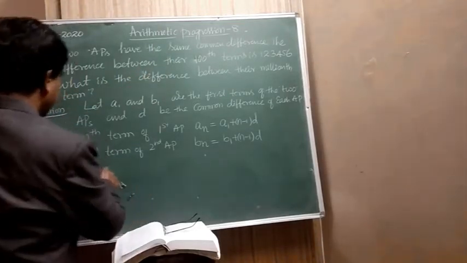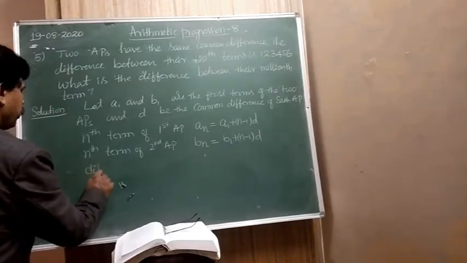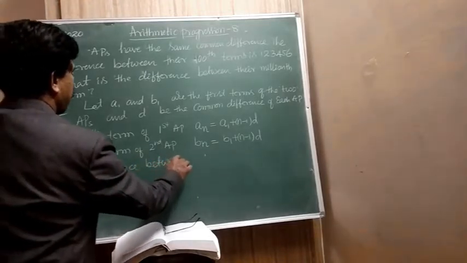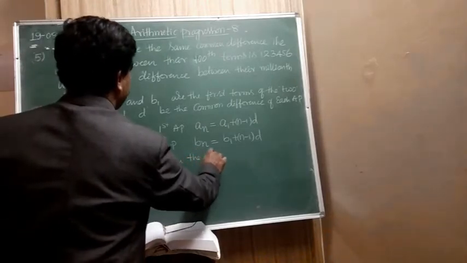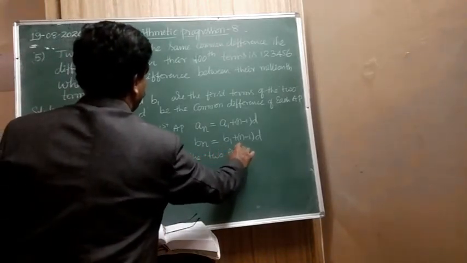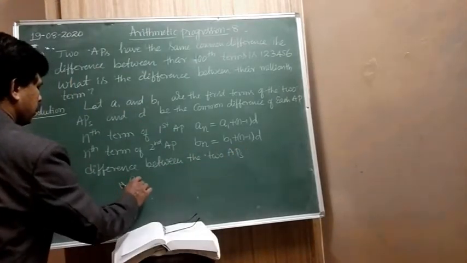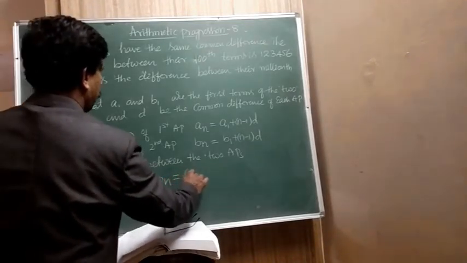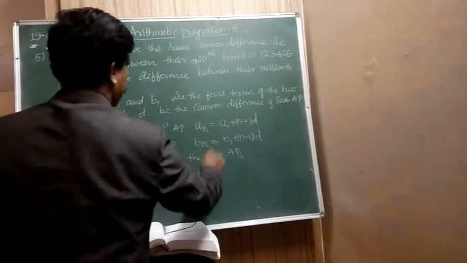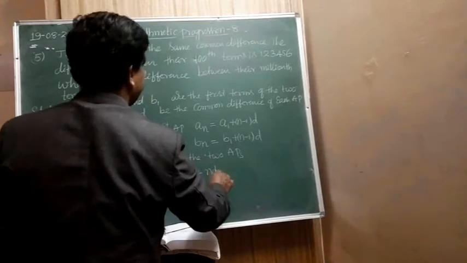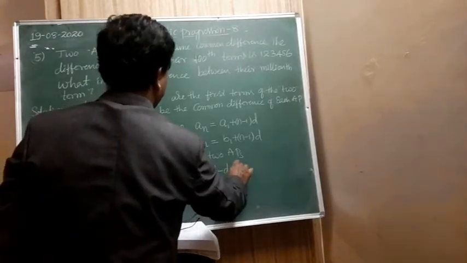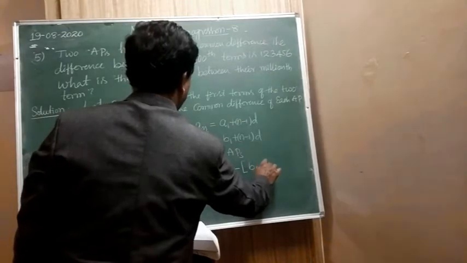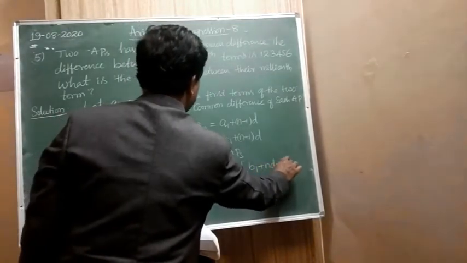So the difference they are asking, between the two APs, that you can write as an minus bn, that is equal to a1 plus, you can multiply this, nd minus d, okay, minus of b1 plus nd minus d.